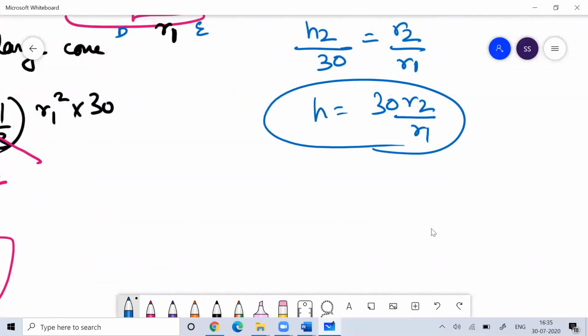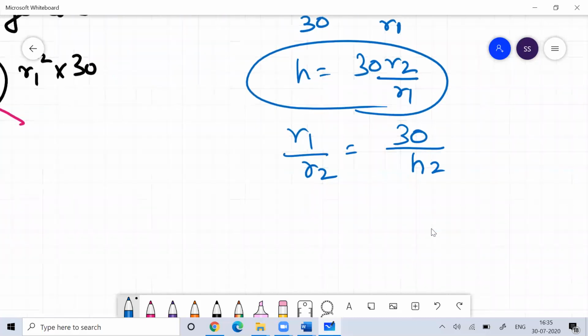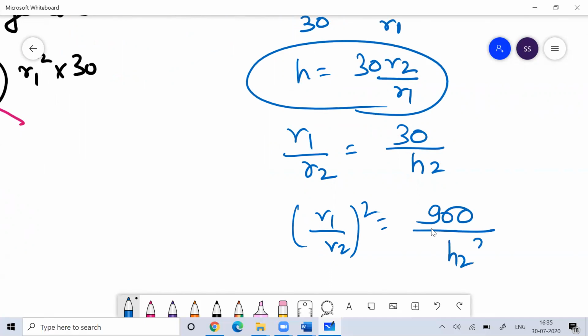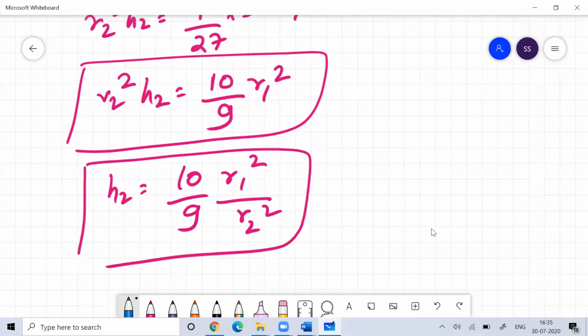I can write R1 by R2 is equal to 30 by H2. Okay, so I can write R1 by R2 whole square is equal to 900 by H2 square. Fine.